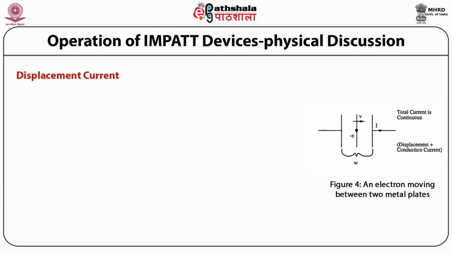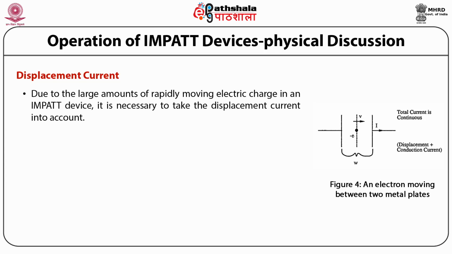Displacement current. Due to the large amounts of rapidly moving electric charge in an Impatt device, it is necessary to take the displacement current into account. So here the avalanche gives rise to the injected current, which is localized to the avalanche region.